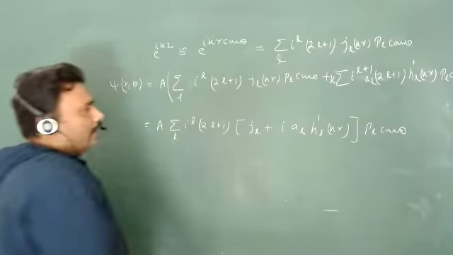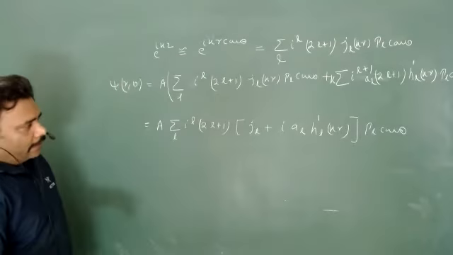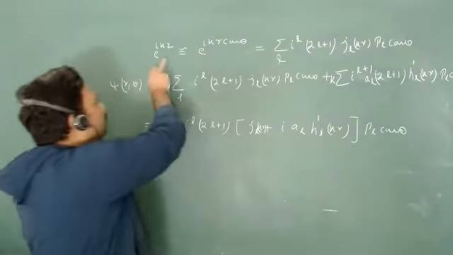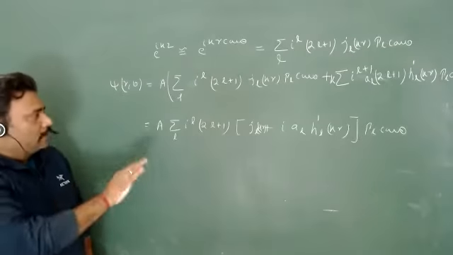So this is my complete solution in terms of only r and theta. We just avoid the z part. So this is the complete solution.